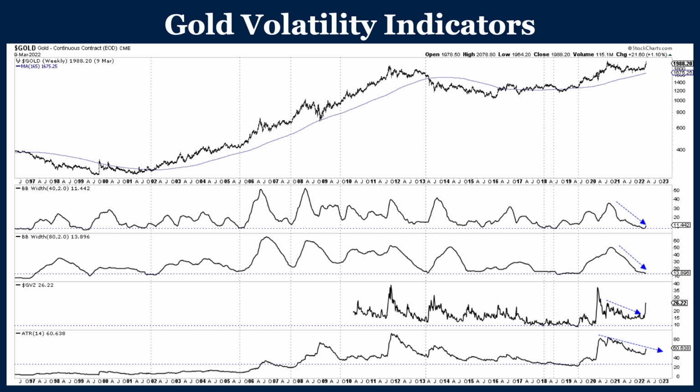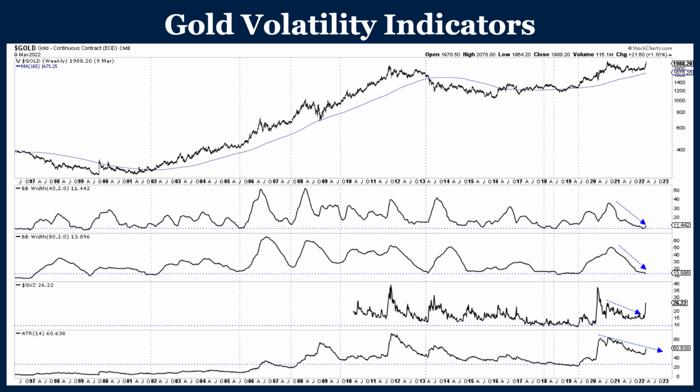Essentially, what you need to know is that big moves in any market require a period before that big move where volatility is coming down and declining, and that sets up a big move, because a big move means there's going to be more volatility. You get an expansion in volatility after a big move.